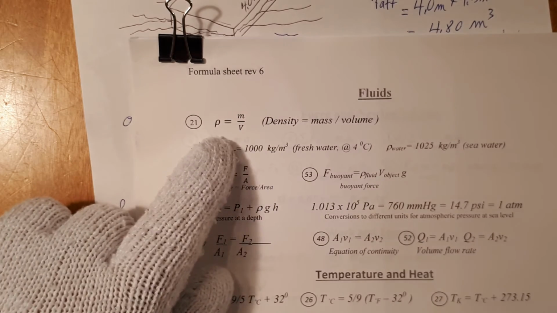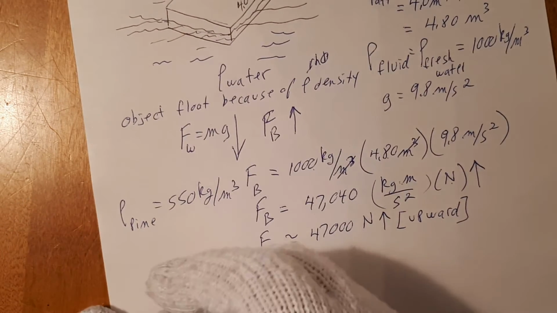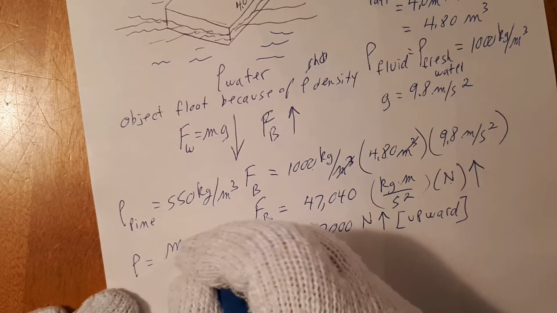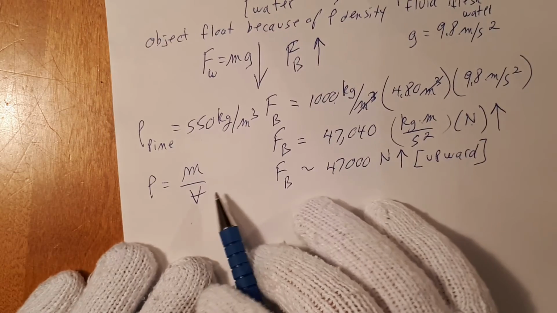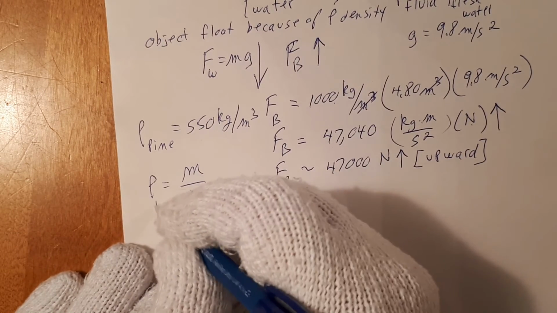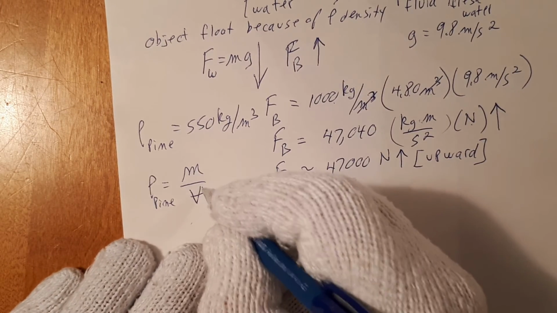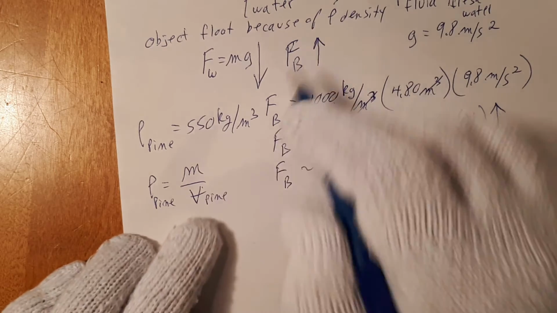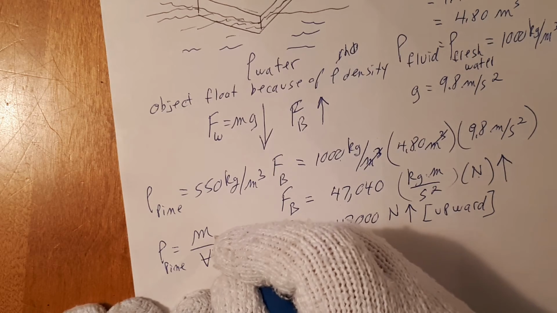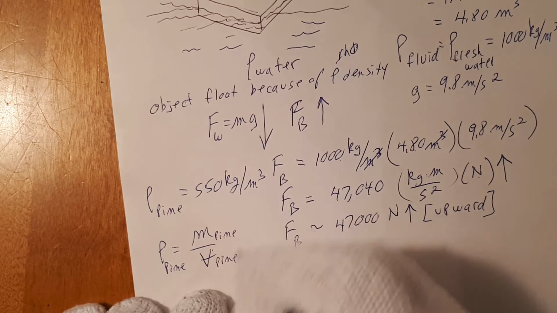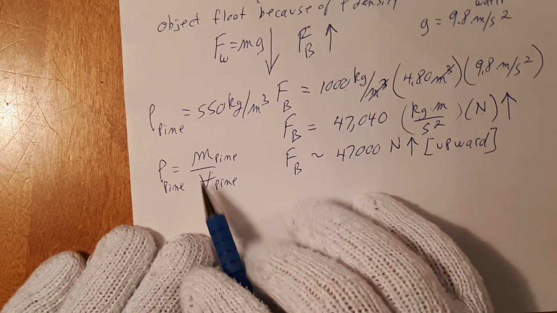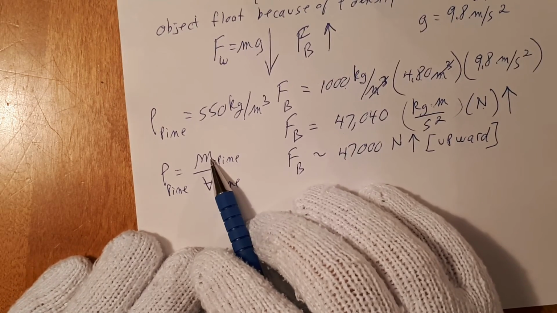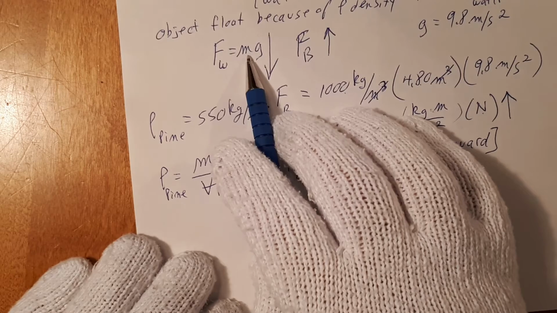Let me write that down. In our case, we're talking pine, so the density of the pine is equal to the mass of the pine raft divided by the volume of the pine raft. These are all the same object. Rearranging this equation in order to isolate mass, because that's what I want here, mass.